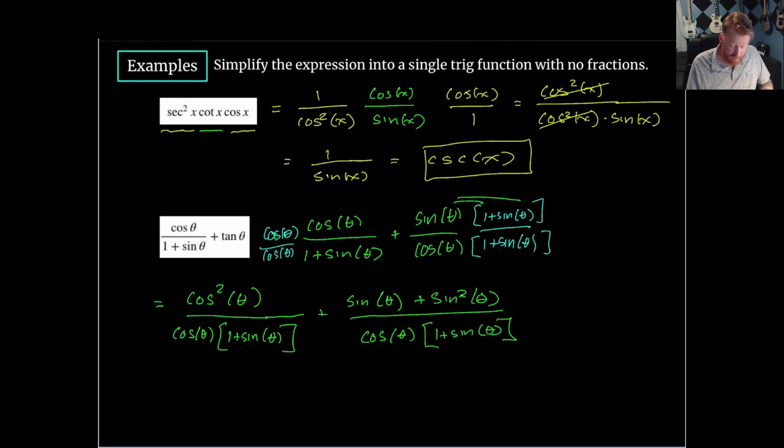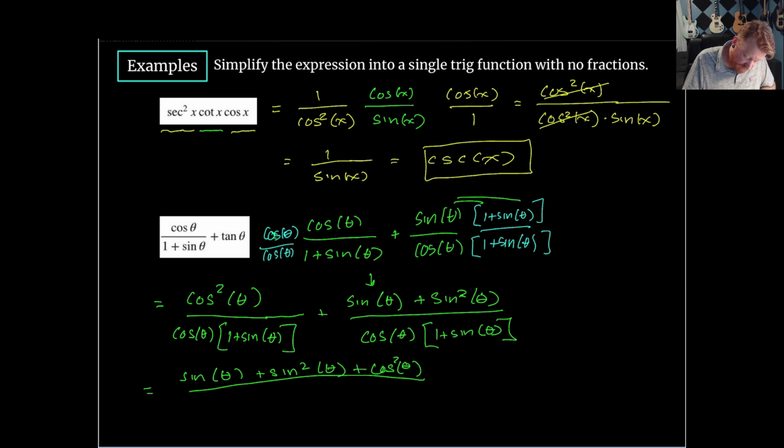So now that we have our common denominator, we could rewrite this, and I'm going to maybe change the order as I'm writing things here. I could write this as sine theta starting over here plus sine squared theta plus cosine squared theta, all over our common denominator of cosine theta times 1 plus sine theta.